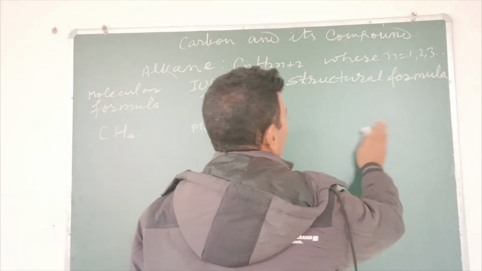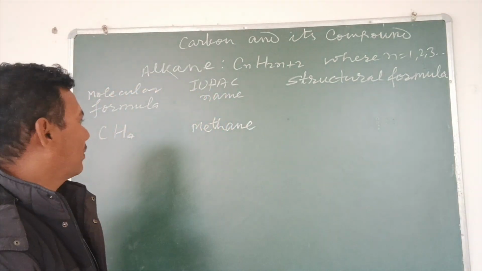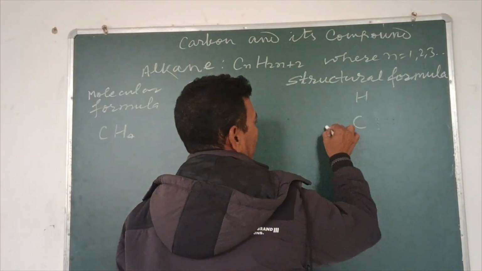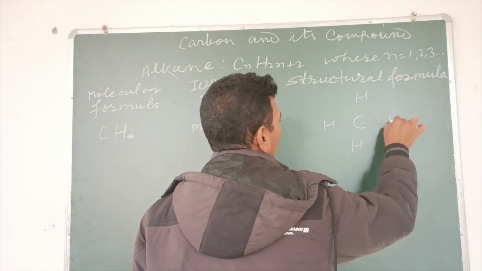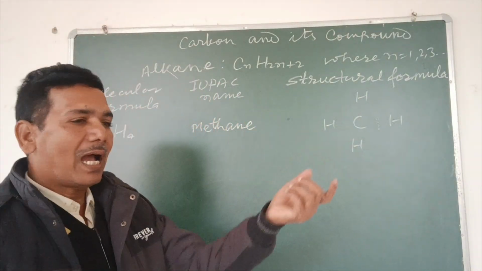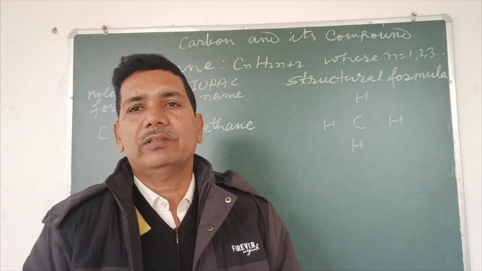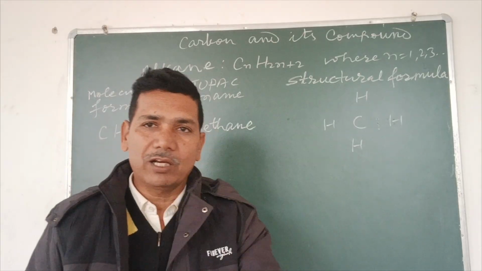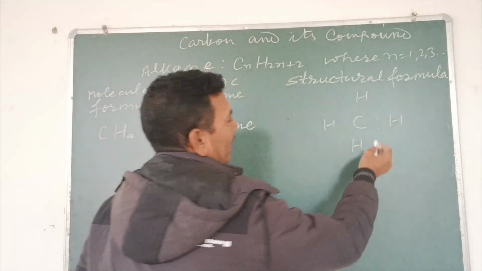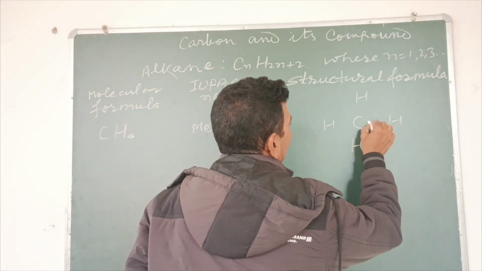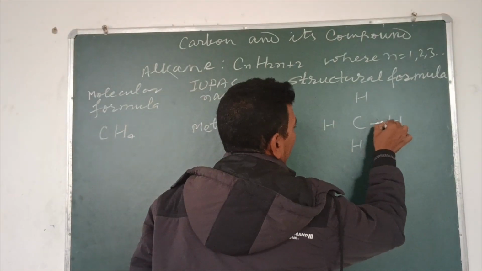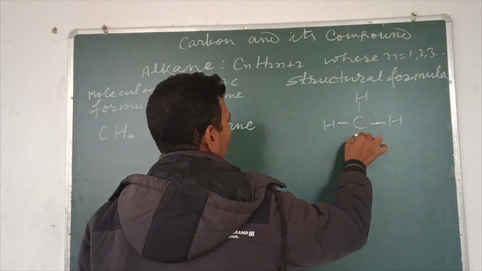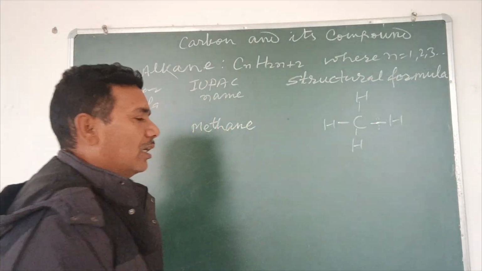If we try to write its structural formula, there is one carbon and there are 4 hydrogen atoms placed all around the carbon atom. Hydrogen shares only 1 electron, and its bond with any other atom is always a single bond. So each hydrogen atom will be attached to carbon with a single bond.